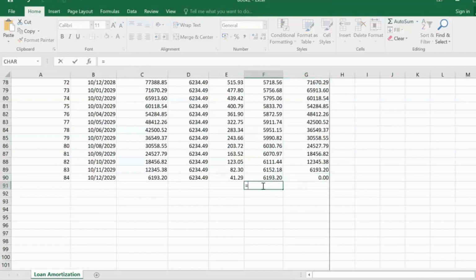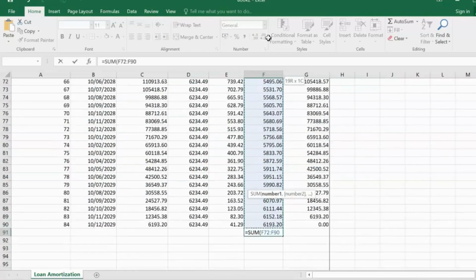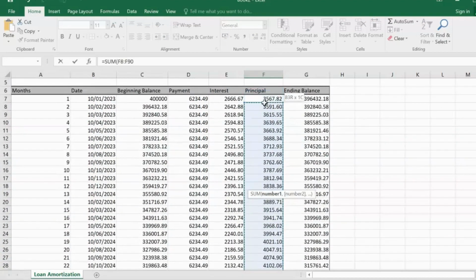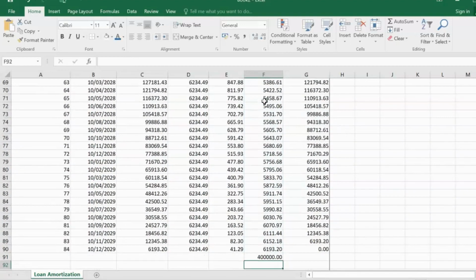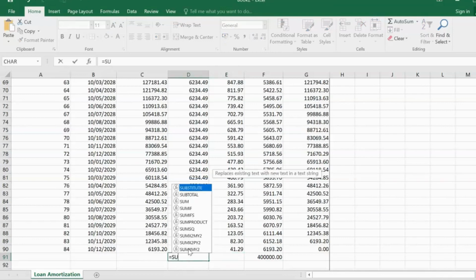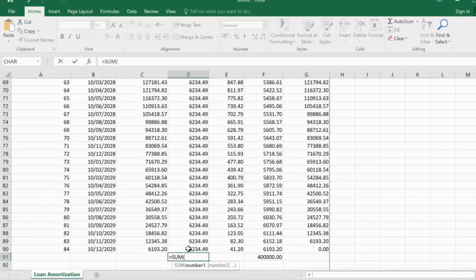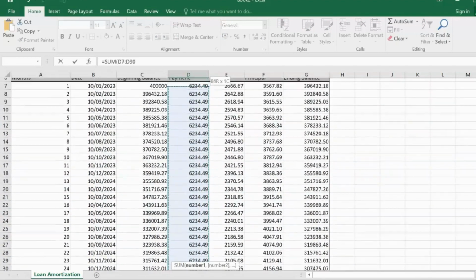And to make sure that we are actually correct, just sum up. Sum this up, and you have 400,000, which was our initial amount. You can also sum up the amount that you have paid for this loan at the end of the repayment period.